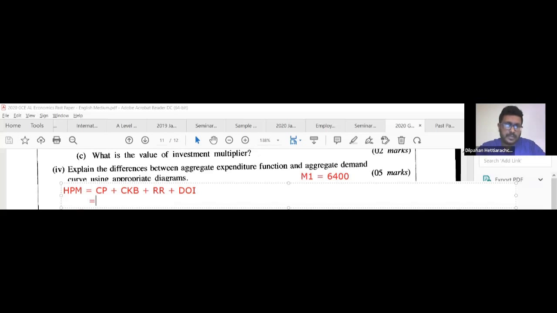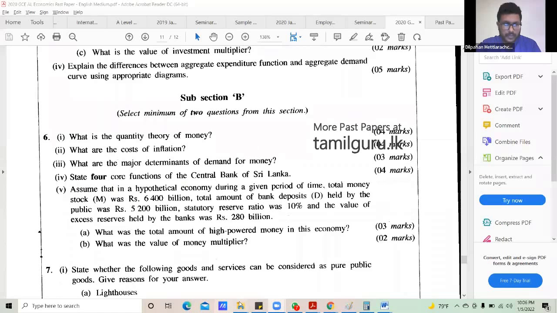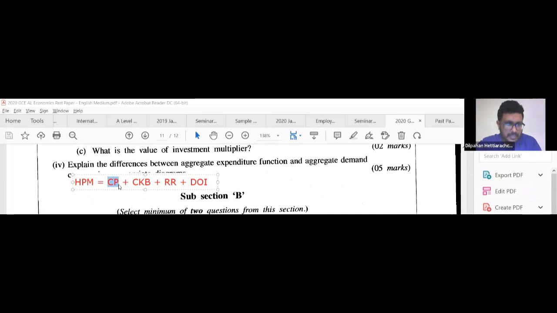CP stands for currency held by public. CKB stands for... okay, I have to write the equation. High-powered money equals CP plus CKB plus RR plus what else? DOI. CP means currency held by public.